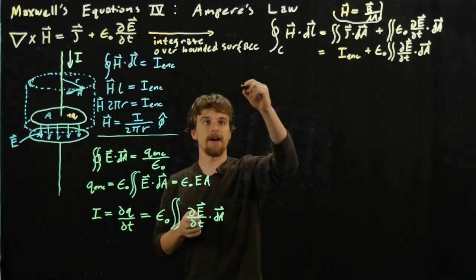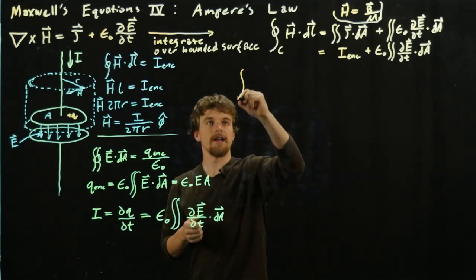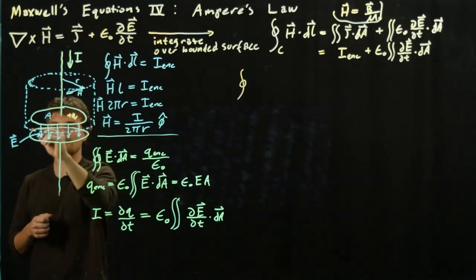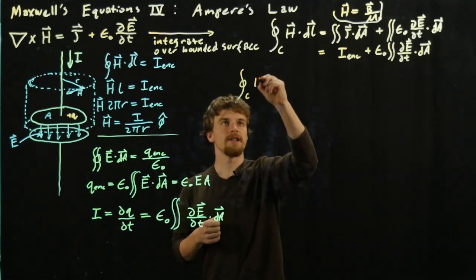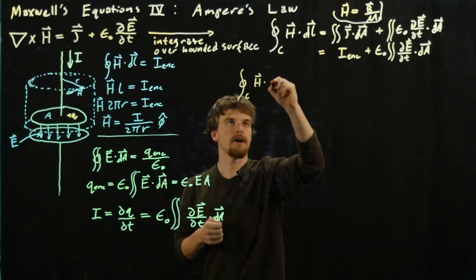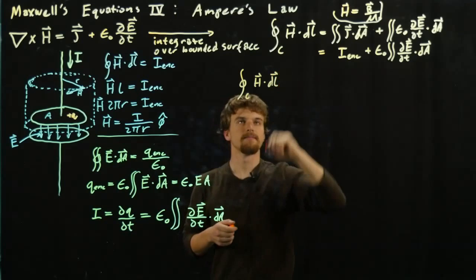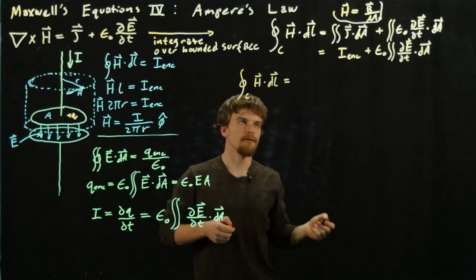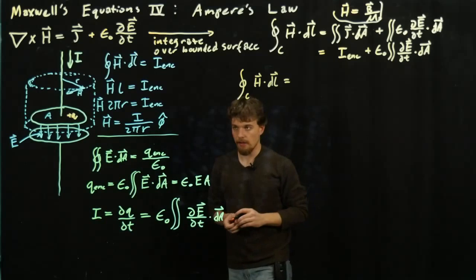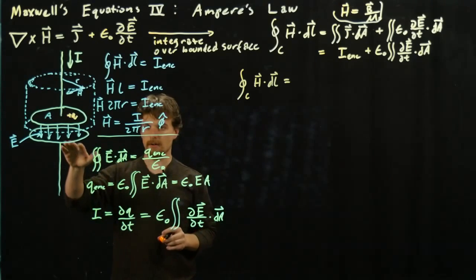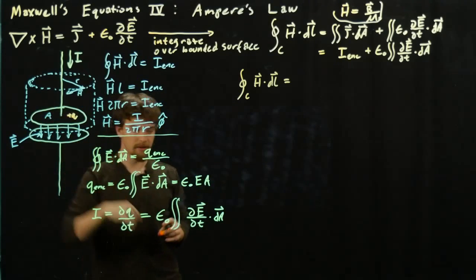So we would have that the line integral around this path here of H dotted with our path is equal to, now this time we can set the I enclosed term to 0, correct? Because no current is flowing in between these.